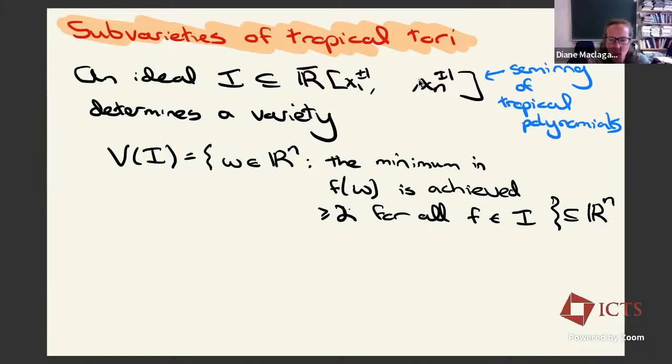These tropical polynomials are really, as functions, piecewise linear functions, but I want to think about them as elements of the semi-ring. I can start with an ideal here. That just means closed under addition, and closed under multiplication by elements of my semi-ring. And from that, you get a variety in the same way.